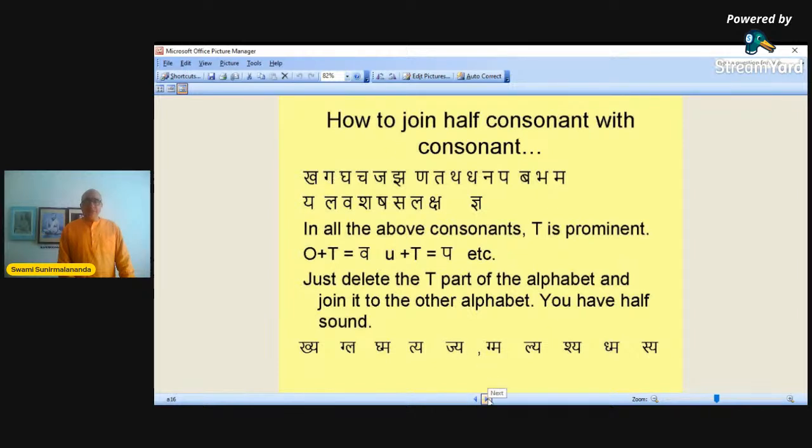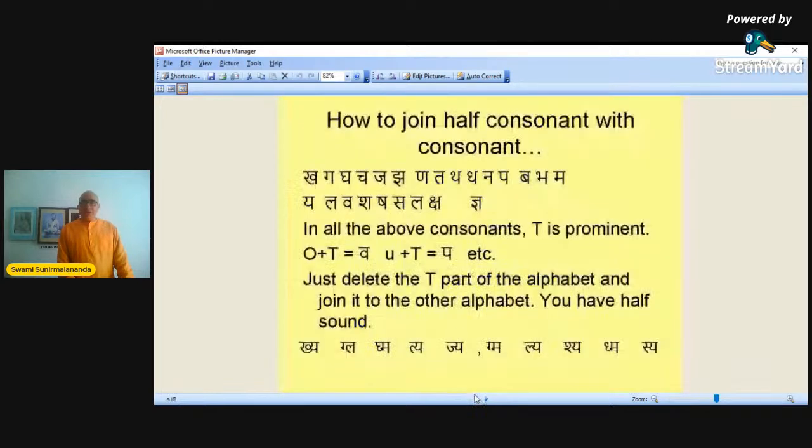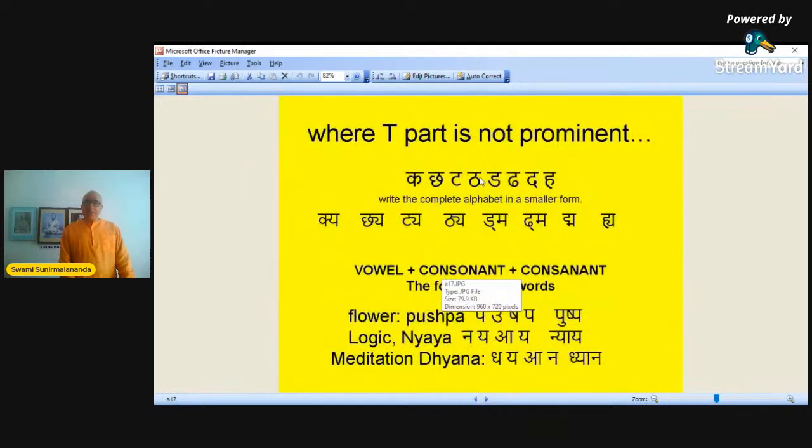That's all. This is the trick. There are only a few consonants where the T is not prominent, that is complete. It is only at the top. You can notice this. Here, all the T's came next to the other part. They were all complete. In this, they are only at the top.